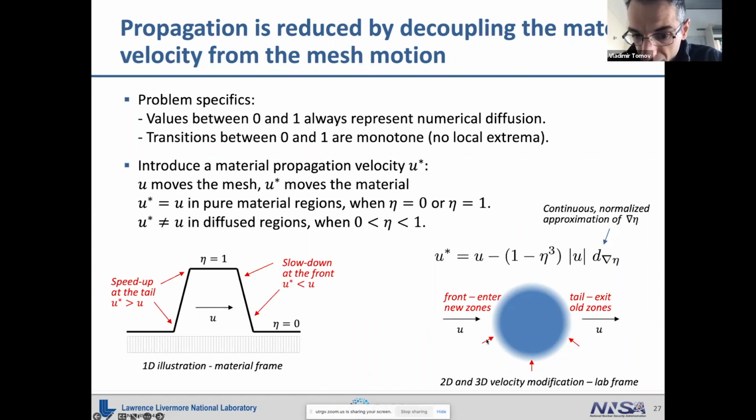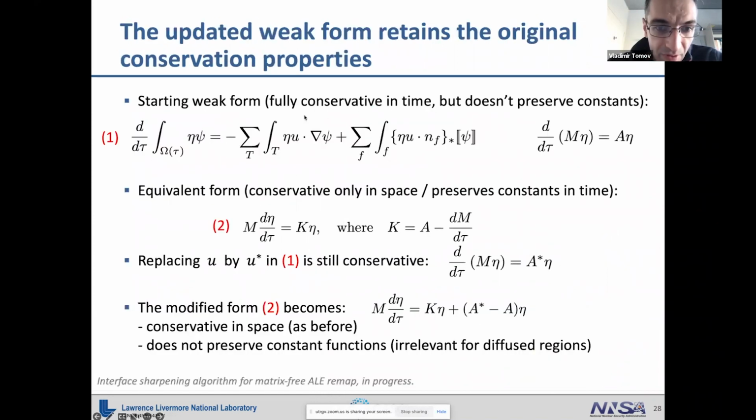This is the diffused region, you can check the direction of the flow, check the direction of the gradient, and synchronize this in a way to make this remap sharper. That's the idea. So what happens in the weak form, this is the old weak form.